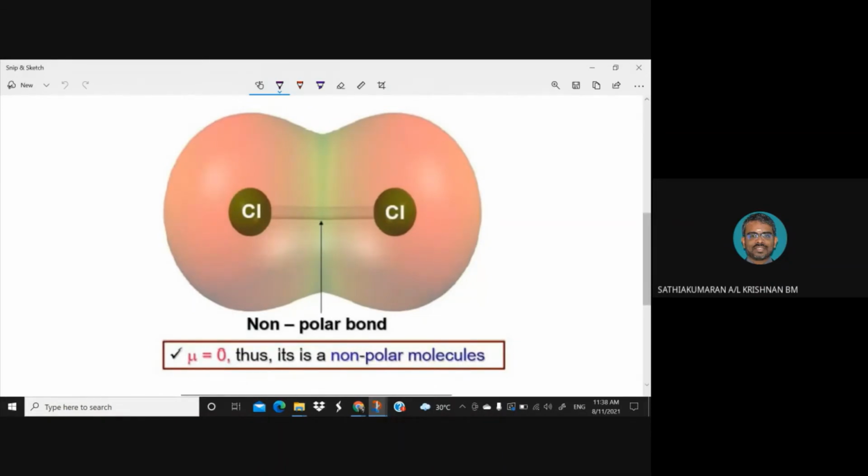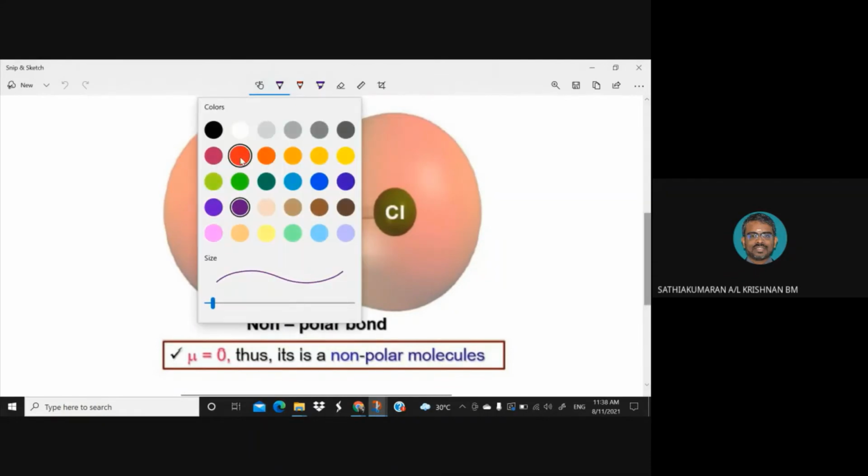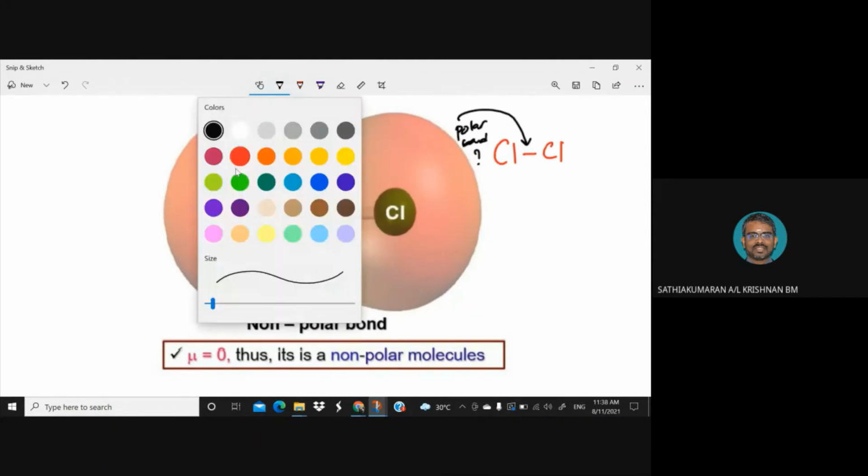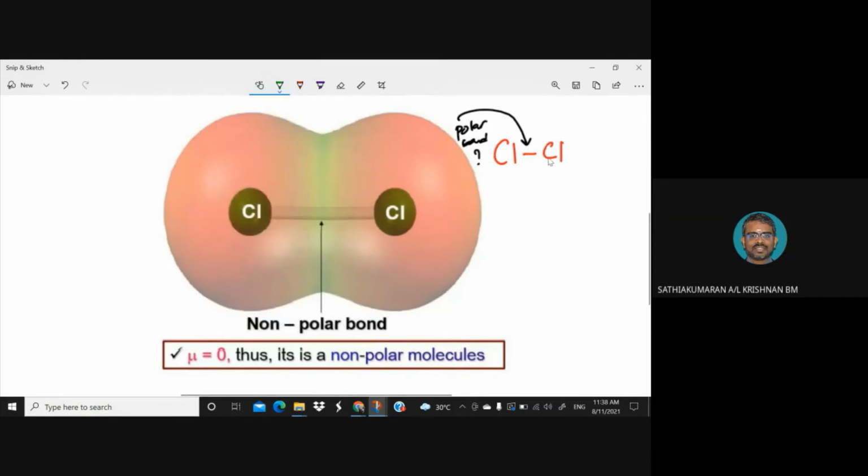Here I have two atoms, Cl and Cl. Is this bond a polar bond? The two atoms have the same electronegativity, which means the tendency to attract electrons towards itself is the same.